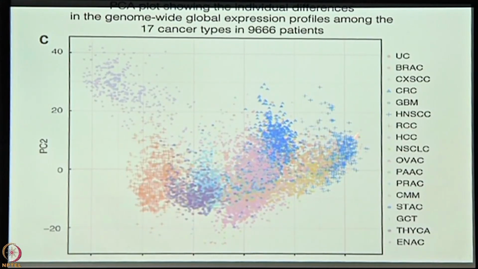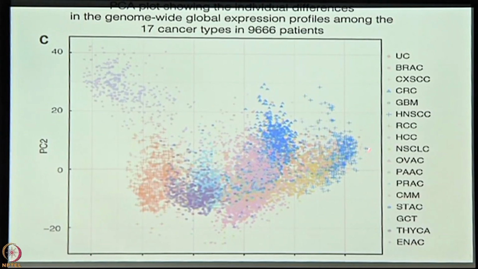When we look at this, each color and each figure corresponds to a particular type of cancer. You can see how much variation there is in each individual cancer. That means even though people like me say this is a moderately differentiated or a grade 2 hepatocellular carcinoma, and you take two of those, they look different.